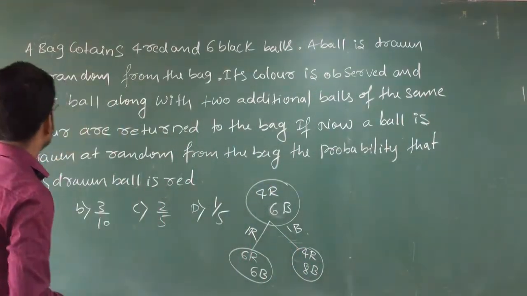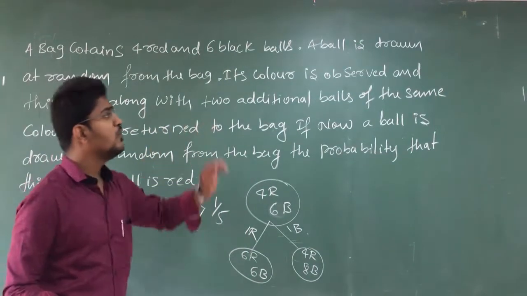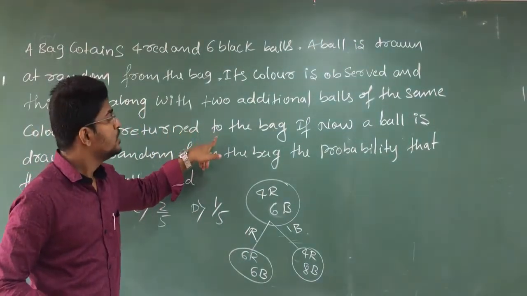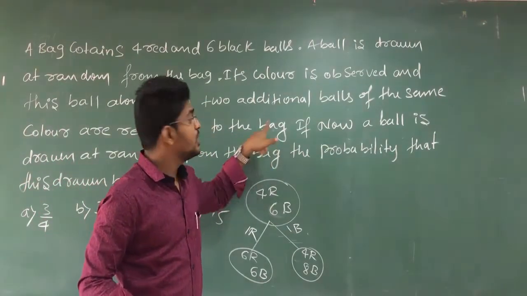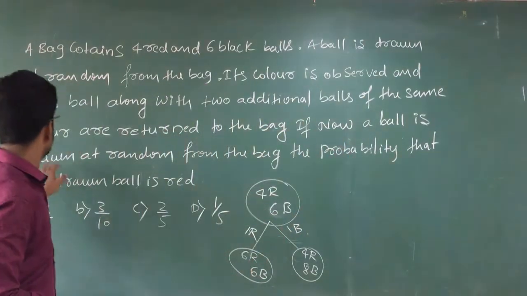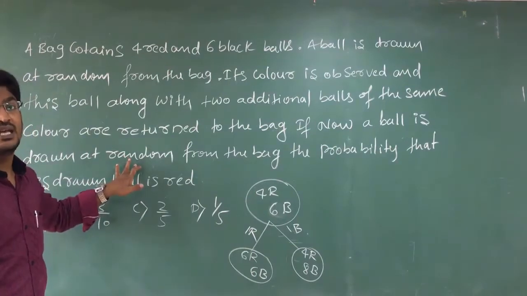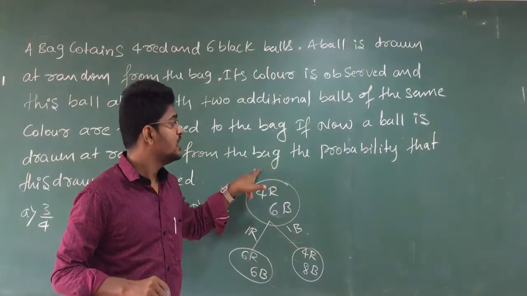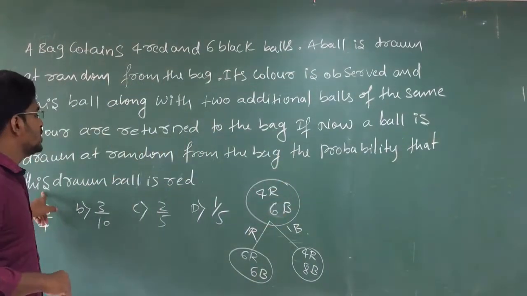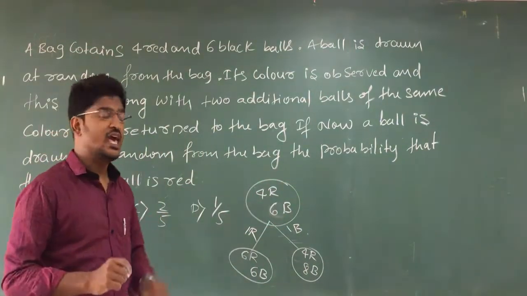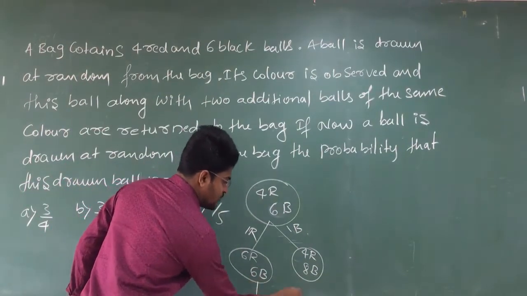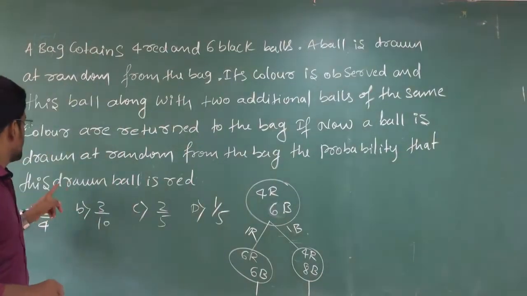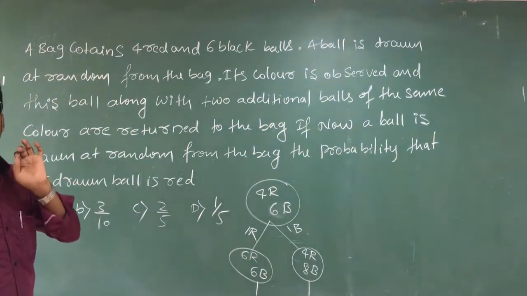Next, what are they asking? Two additional balls of the same color are returned. Next, if now a ball is drawn at random from the bag, what is the probability that the drawn ball is red?